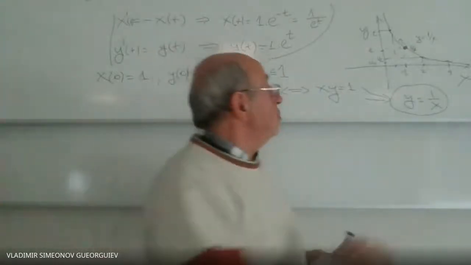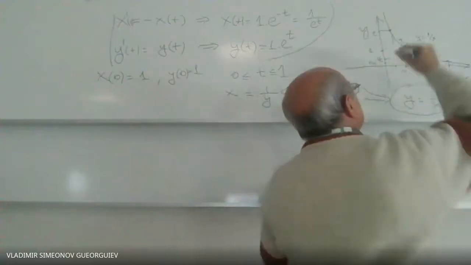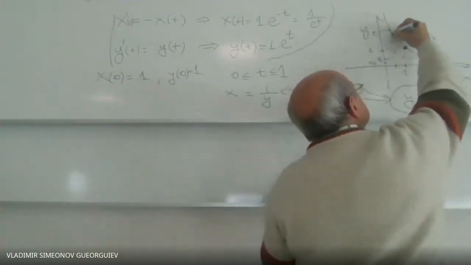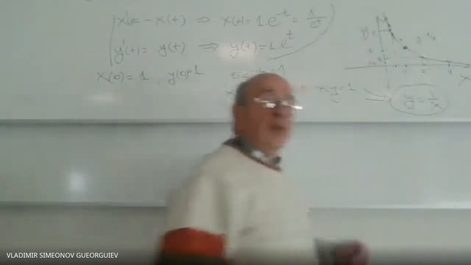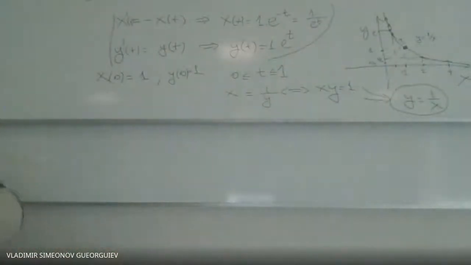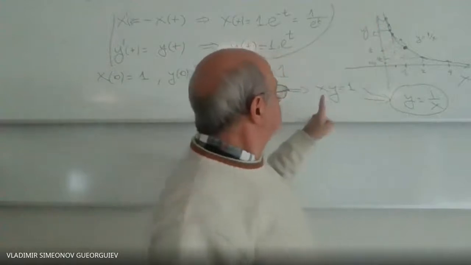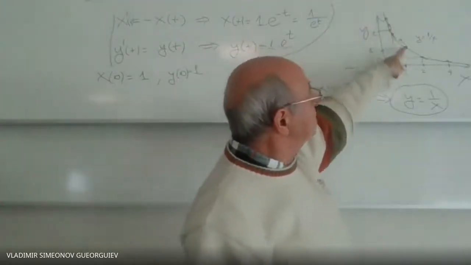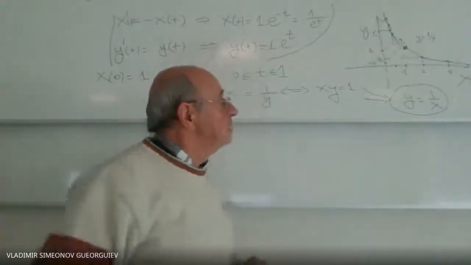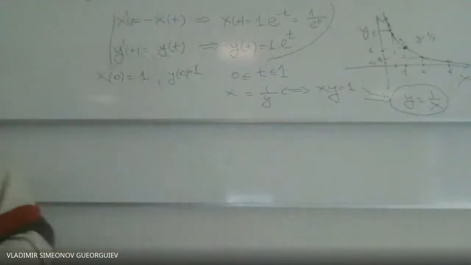And in order to show how the time is growing, we put these arrows showing what will happen when the time goes from 0 to plus infinity. This means when we have t from 0 to 1, we have only part of this curve. And this is the correct arrow we have to put.